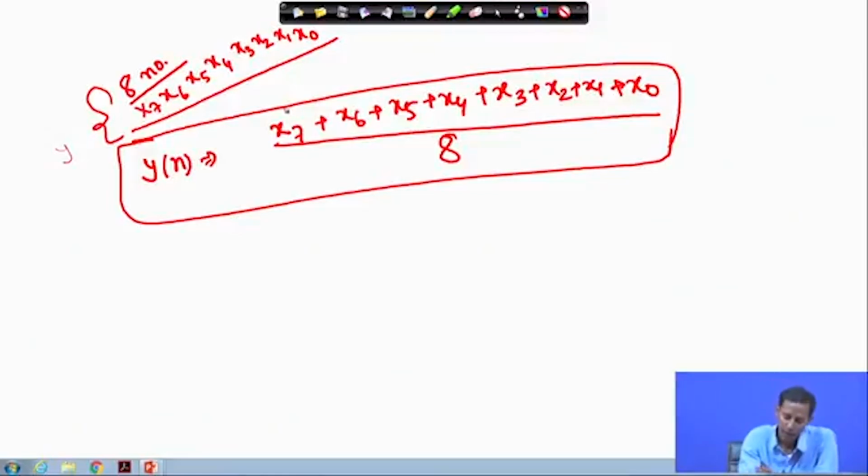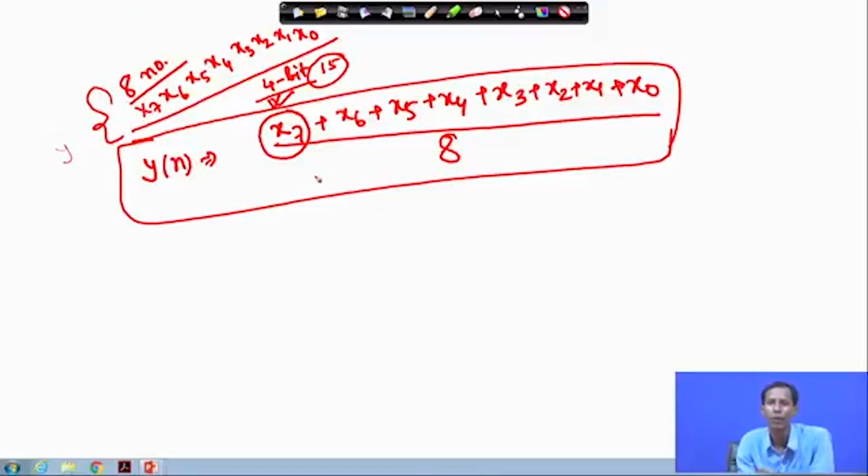Now, consider the word length of each of these numbers to be 4 bits. That means 15 is the maximum number which I can represent. So, if I want to implement this function, how can I do it?